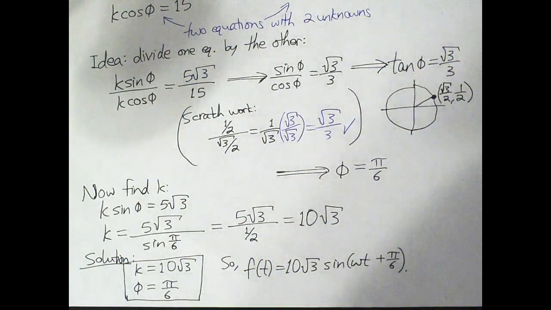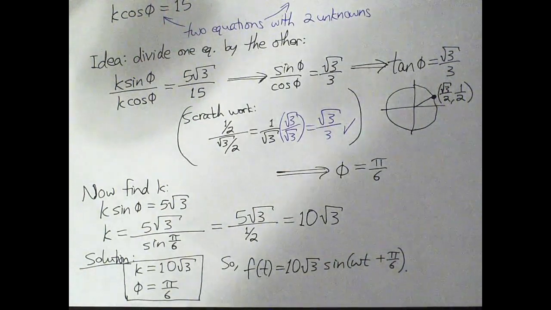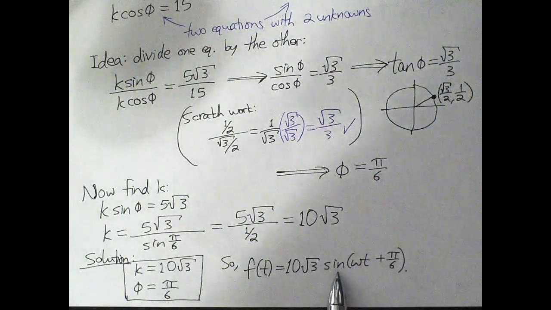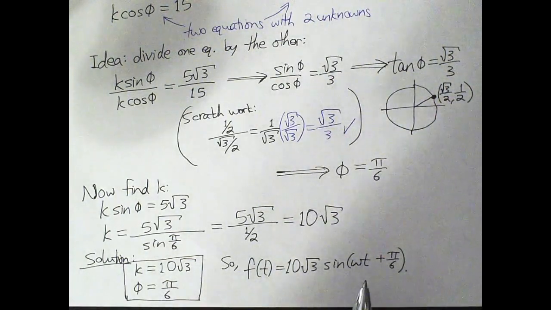There's the form that we found in part A, and now there's the form that we found in part B. And I actually think out of all of them, this final form that we found in part B is probably the nicest one to work with because it's just one trig function. So that's kind of the idea, is that if you go back to the original problem, f of t was a more complicated function.